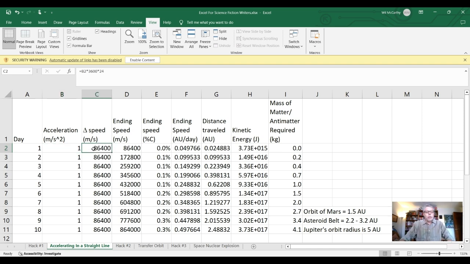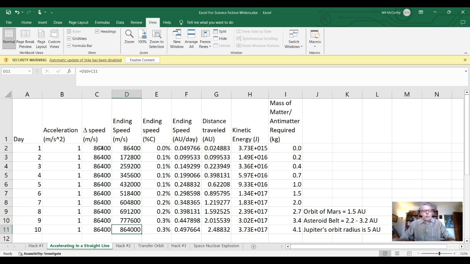So at the end of just one day of this fairly gentle acceleration, we're already up to interplanetary speeds. So that's pretty exciting. But in fact, we add this same amount of speed every single day that we travel. We're going to add 86.4 kilometers per second every day over the course of 10 days. So at the end of the first day, we've got 86,400 meters per second. At the end of the second day, we've got twice that, then 3 times that, all the way down to day 10.